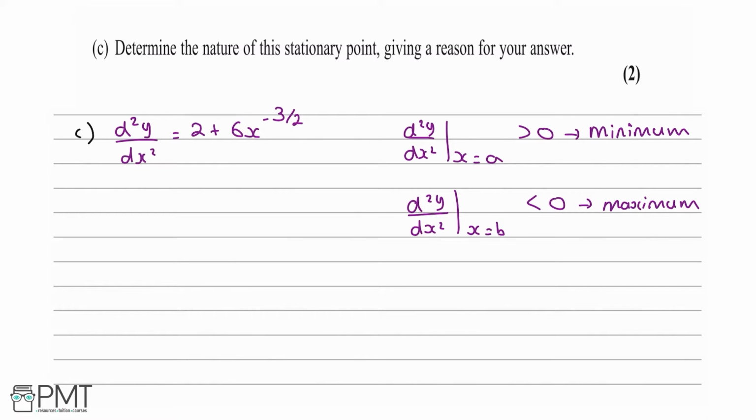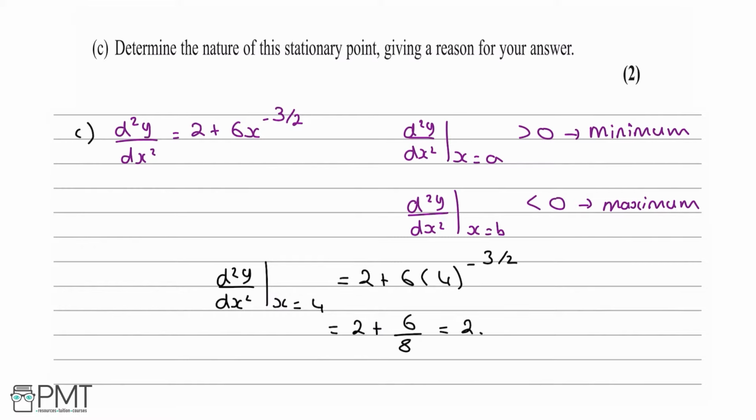So we can say d squared y by dx squared at x equals 4 equals 2 plus 6 times 4 to the minus 3 over 2. So this equals 2 plus 6 over 8, which equals 2.75. Okay, so now here's where we need to be careful.